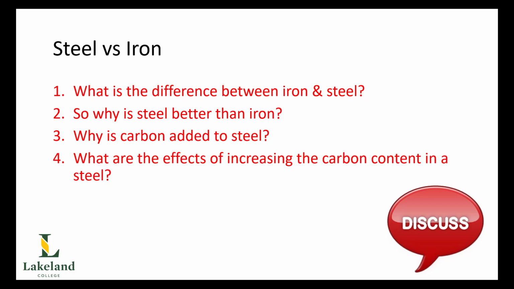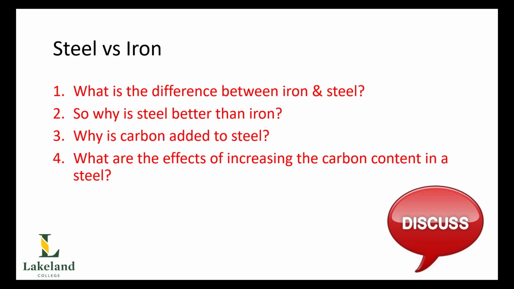Steel, of course, can be alloyed with almost anything. Now, the big difference, of course, between the two is simply the carbon content. For iron, we're talking a carbon content greater than 2%. For steel, we're talking about a carbon content less than 2%, but typically it's even less than 1%.